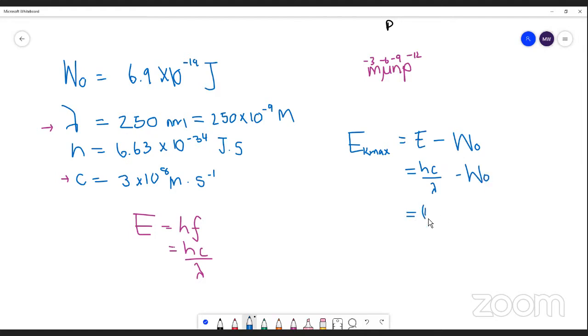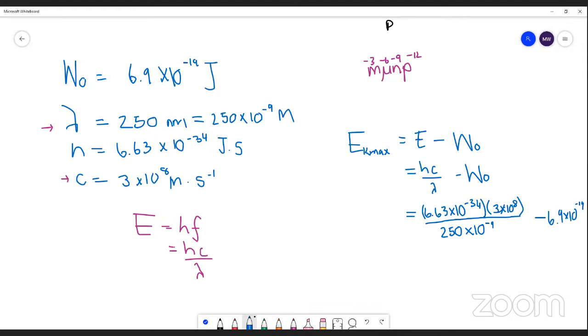So H is your Planck's constant, which is 6.63 times 10 to the negative 34 joule seconds. C is the speed of light, which is 3 times 10 to the 8 meters per second, divided by your wavelength, which is 250 times 10 to the negative 9 meters, and subtracted by the work function, which is 6.9 times 10 to the negative 19.